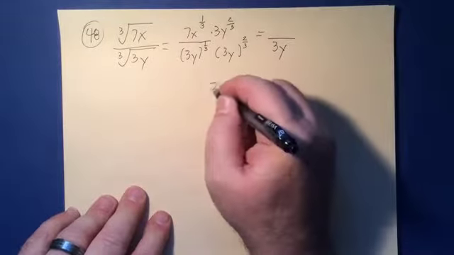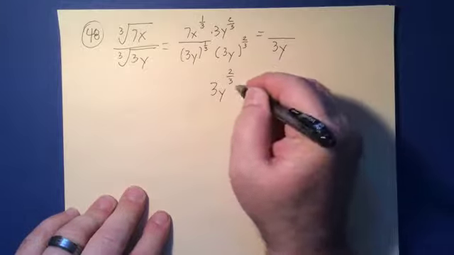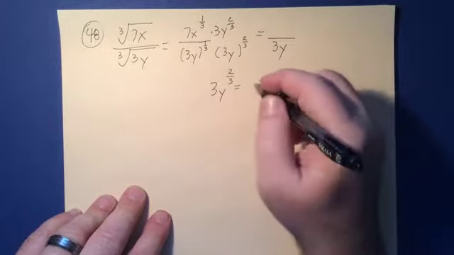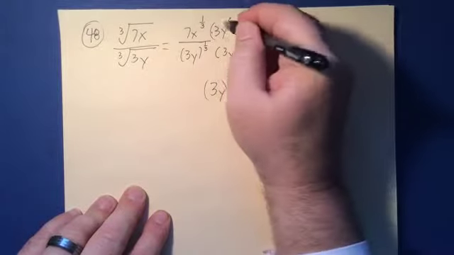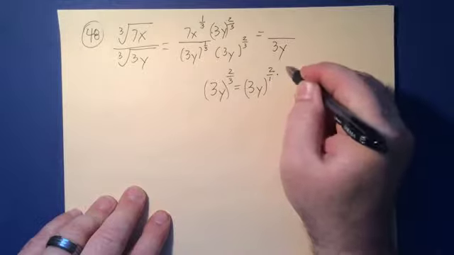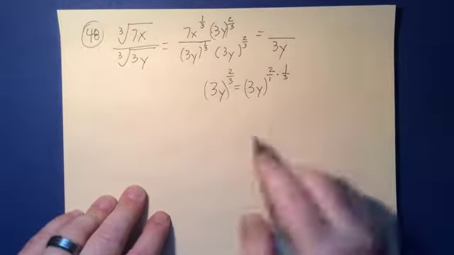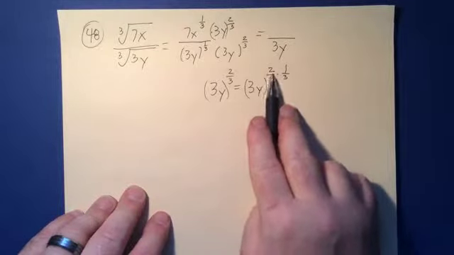So we can take the 3y to the 2 over 3, and instead of doing what we did in the last section, we're going to write it as 3y. Let me put this here because that's a proper way to write it. I'm going to write this as 2 over 1 times 1 over 3. So what I need to do is take the quantity of 3y and square it.